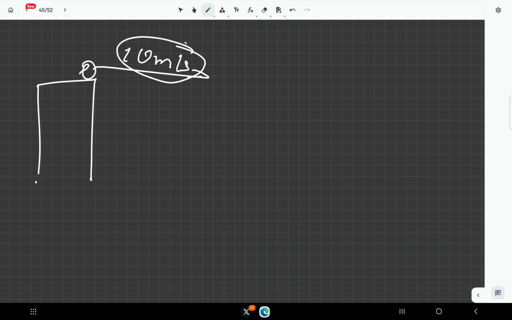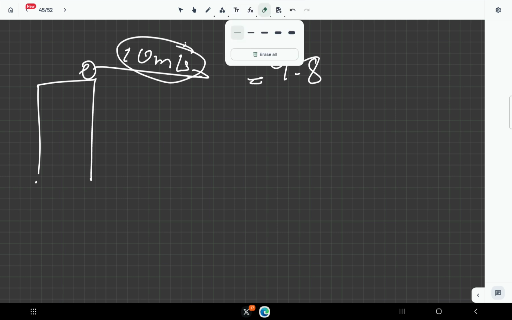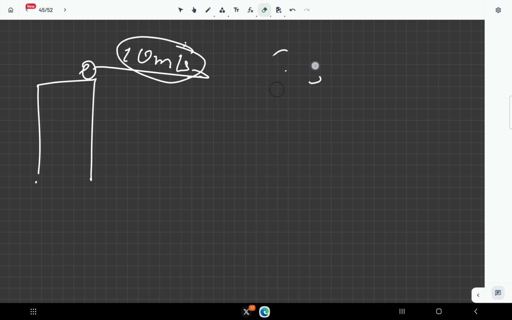Remember that I'm not taking the g value as 9.8, I'm just taking it as 10 for simplicity, so that we don't get a decimal time. So we are taking the gravitational acceleration as 10, and the ball is being elevated from the ground level by 20 meters.